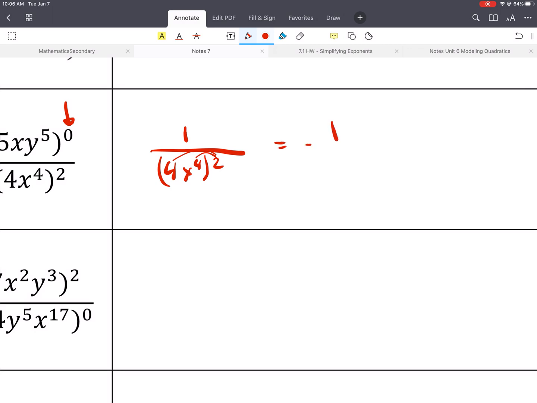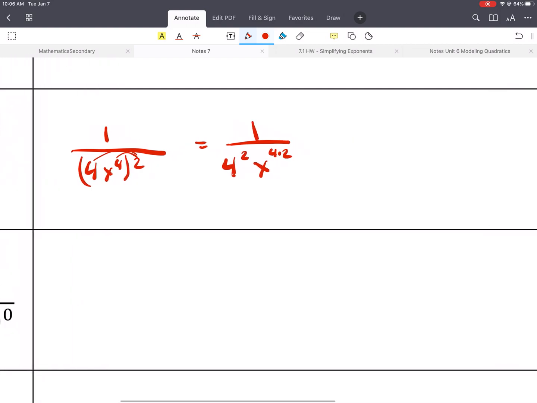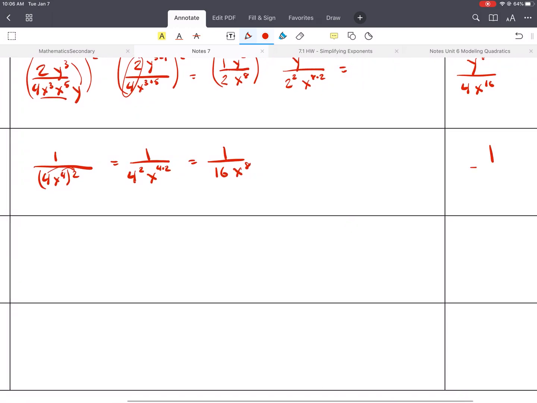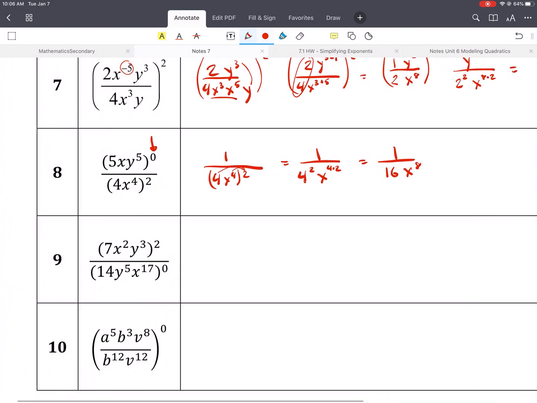So that gives us 1 over 4 squared and x to the 4 times 2. Ends up giving us 1 over 16 x to the 8th. Okay, write this over here, 1 over 16 x to the 8th.